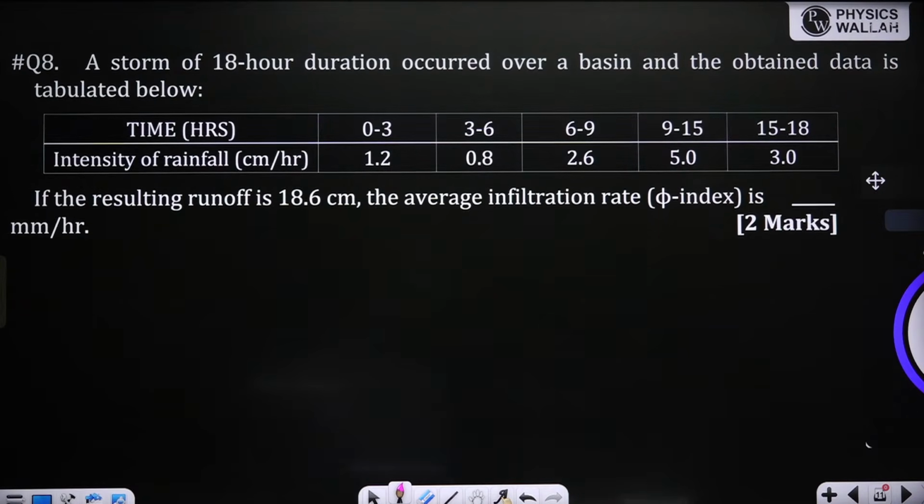In flood routing, you get reservoir routing and channel routing. 23.5, 19.1.